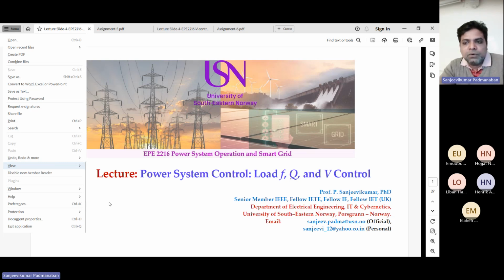Then the objective of load compensations, which includes two types of compensation: compensated and uncompensated transmission lines. Then we are going to discuss the concept of subsynchronous resonance, voltage stability analysis, and voltage control. Finally, we will look at the methods of voltage control and calculation of rating for synchronous phase modifier. So these are the goals of this lecture that we have planned.